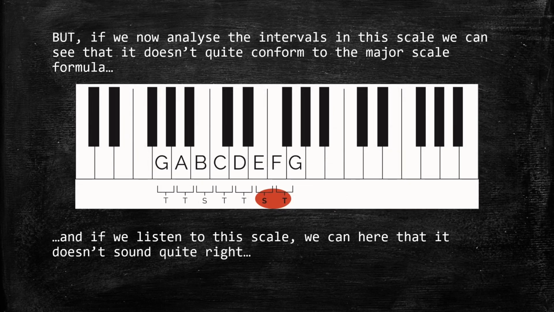But if we now analyse the intervals in this scale, we can see that it doesn't quite conform to the major scale formula. We've got tone, tone, semitone, tone, tone, semitone, tone, instead of tone, tone, semitone, tone, tone, tone, semitone. And if we listen to this scale, we can hear that it doesn't sound quite right.